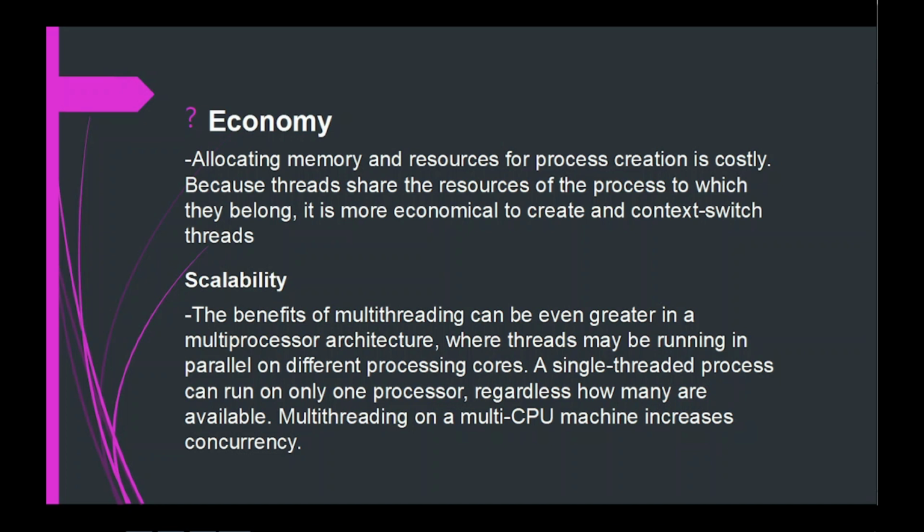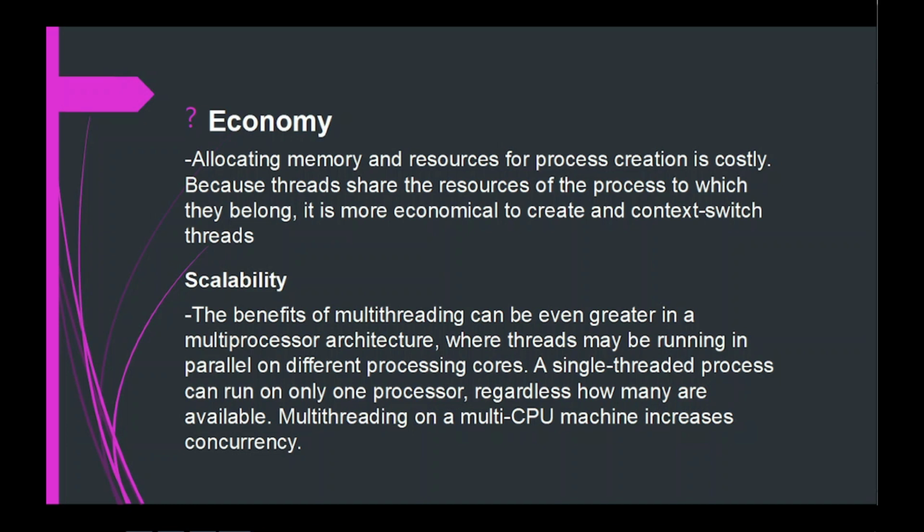Multi-threading on a multi-CPU machine increases concurrency. Because of having multiple cores or multiple processors, the execution of the program runs in parallel on different processing cores.